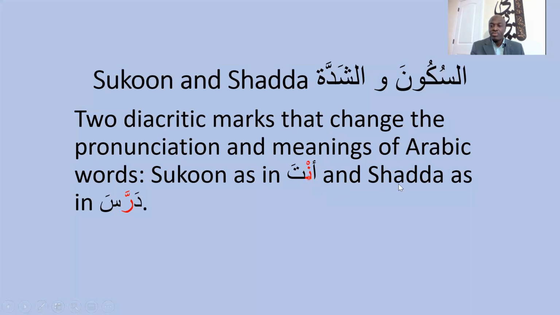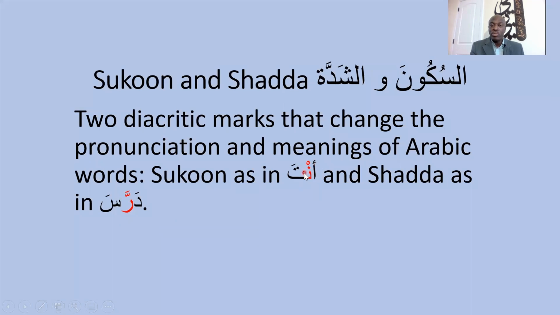And the shadda here looks like a W. I highlighted the letter Ra and the letter Noon in red just to indicate where the Sukun sits and where the Shadda sits as well. So these are the two diacritic marks that we are talking about today. Sukun, the little O, and the Shadda, like here.